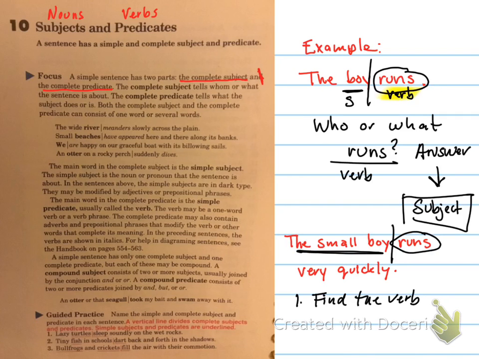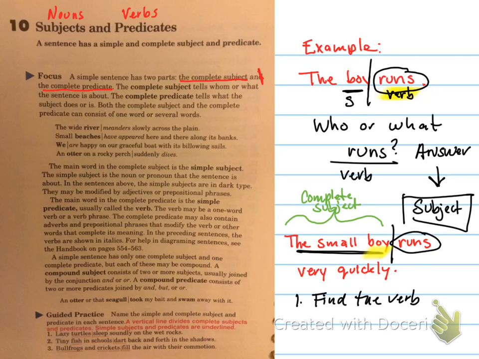Okay, so this is where I think it can get a little tricky for some people. This part right here, and what kind of boy? The answer is small. This is an adjective. This is an article. This is the complete subject. Okay, the complete subject.